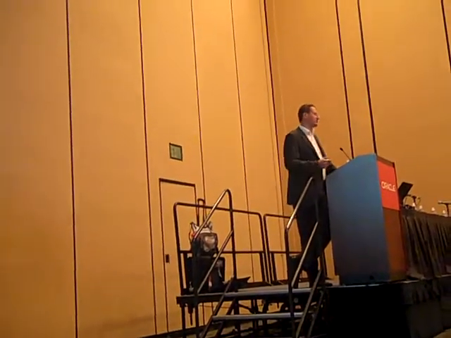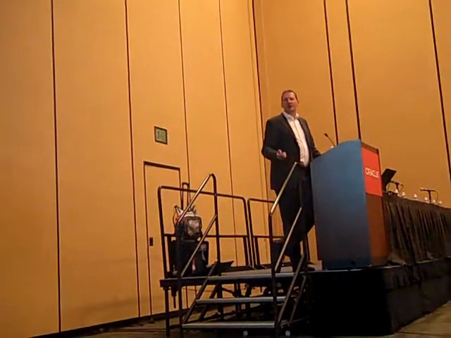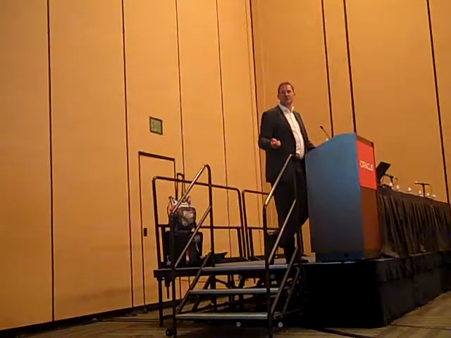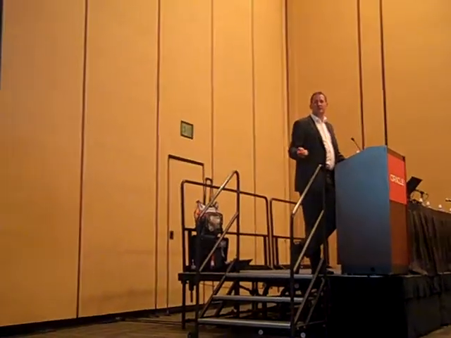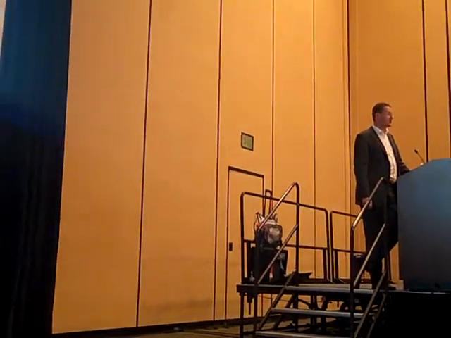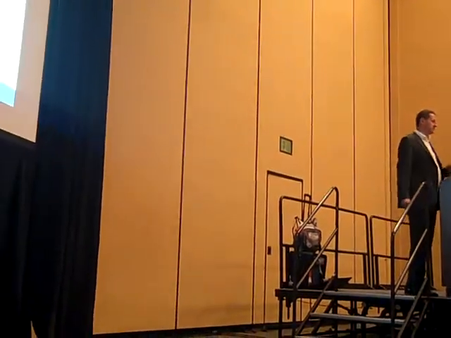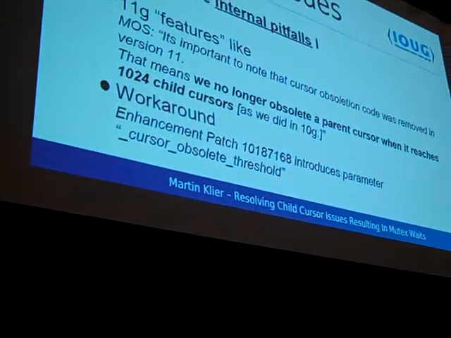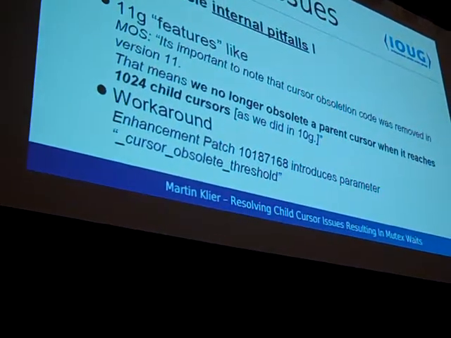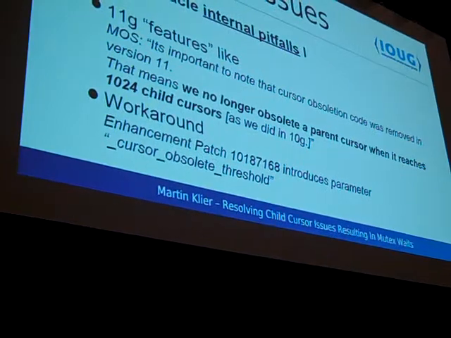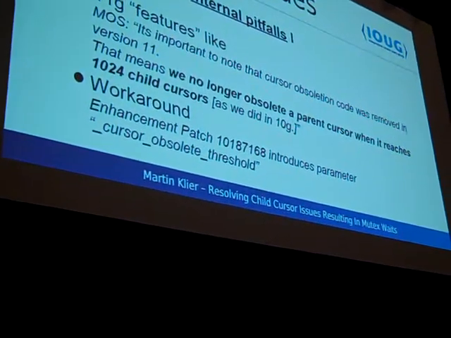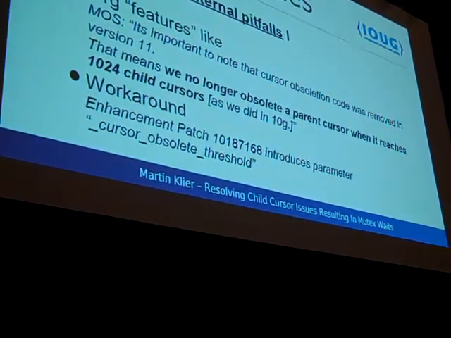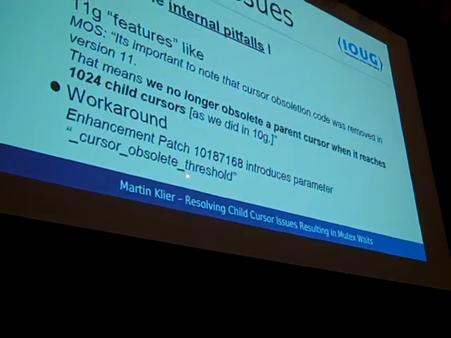I think it worked, but it didn't work for me. Oracle support told me that we are no longer obsoleting a parent cursor when it reaches X child cursors. Soon afterwards, we had an enhancement patch with an underscore parameter, cursor obsolete threshold. It defaults to 1024 as before, and in 11.2.0.3 it's included.